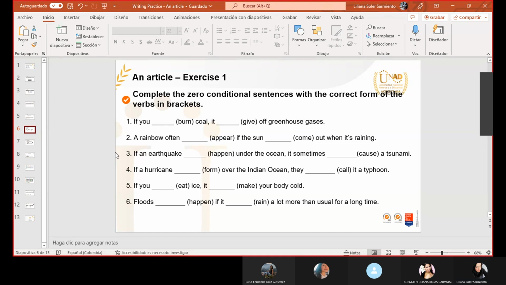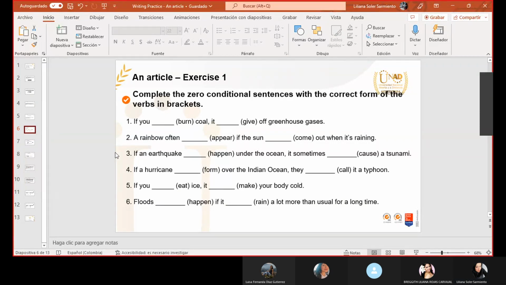Number 3. If an earthquake, what is the correct form of this verb? Happens, with S because it's third person.